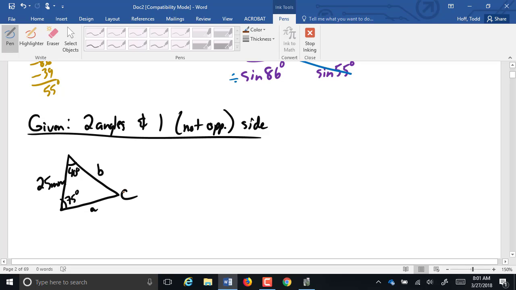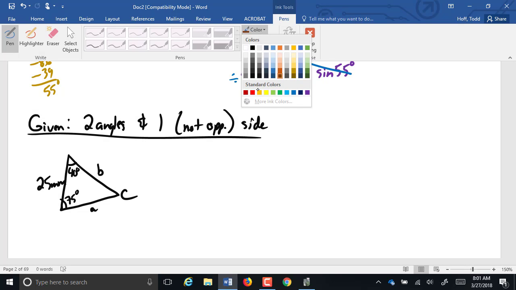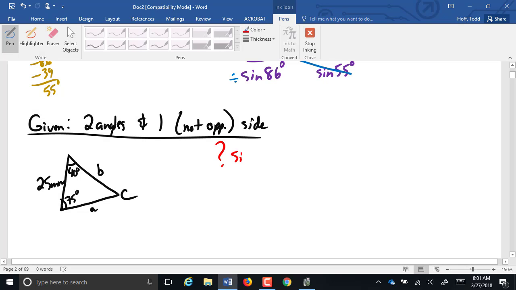So I've got angle C, and sides little a and little b are missing there. Do I have a side and an opposite angle? No. Can we find them?